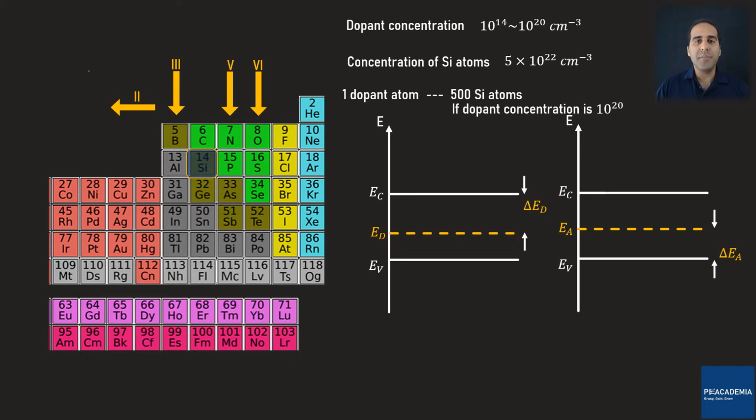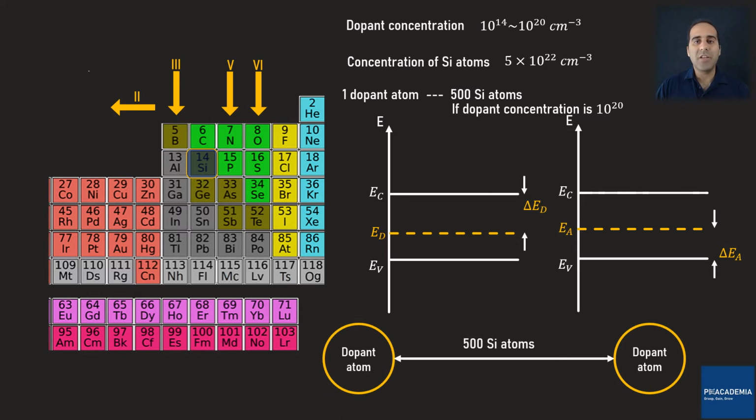In other words, between each dopant atom, you can find 500 silicon atoms. Therefore, the interatomic distance between the dopant atoms is very large, and therefore, they cannot feel each other. This is the reason that we have only one energy level associated with the dopant atoms in the energy band diagram of extrinsic semiconductors.